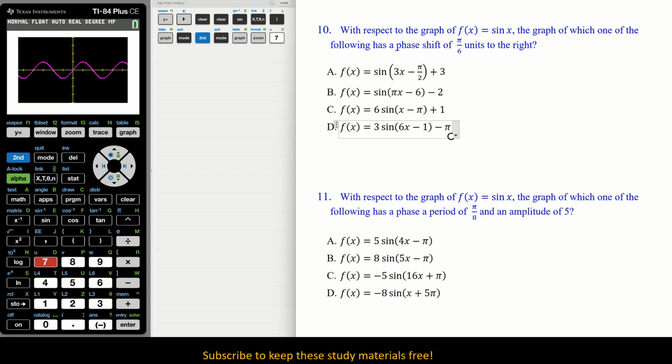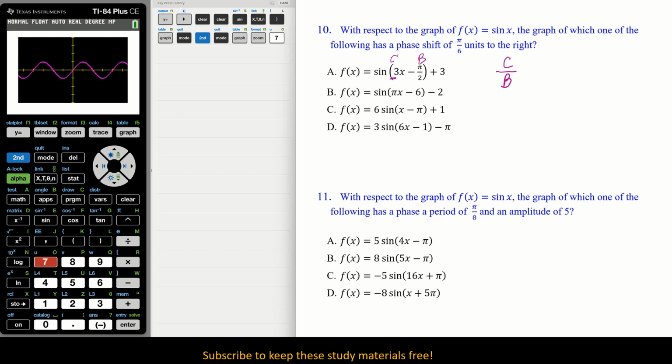They're asking for phase shift, and phase shift was C over B. Now you can look at each of those. This is your C, this coefficient, and these values are B.